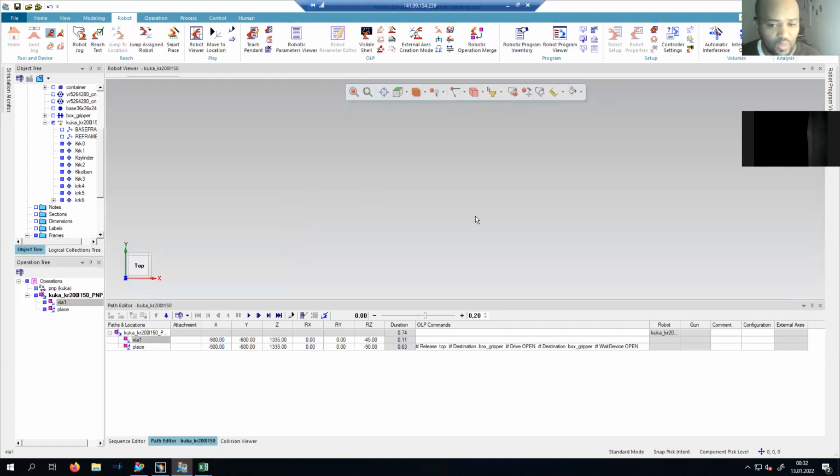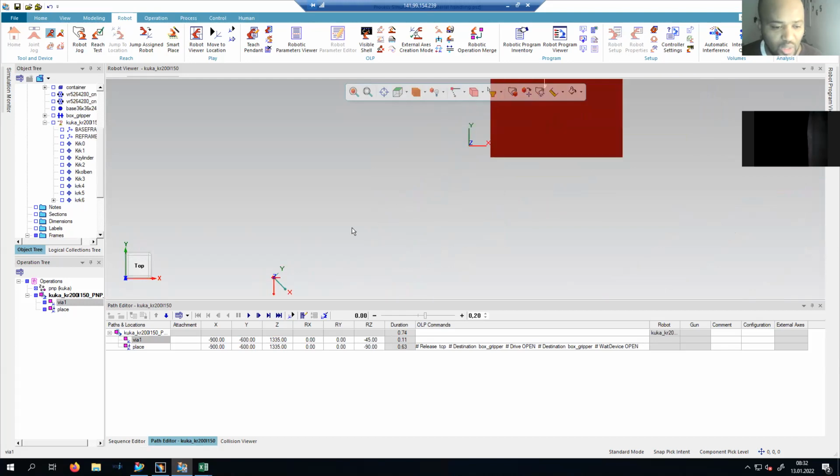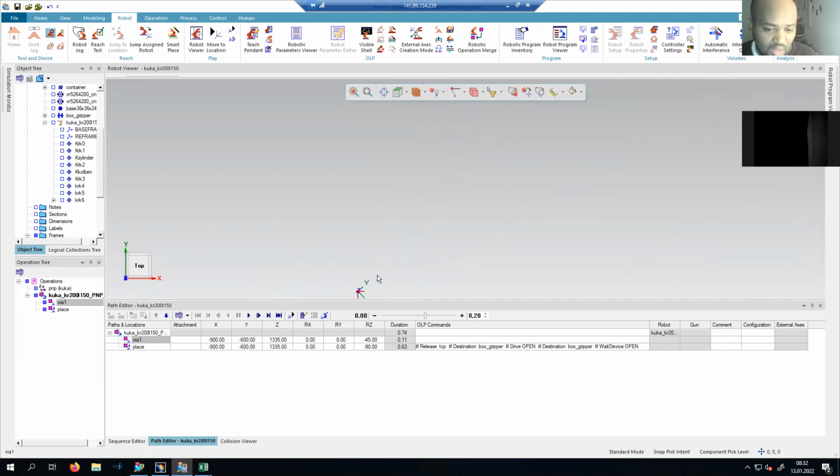Now actually I would like you to understand it. For both, the z-axis is changing.